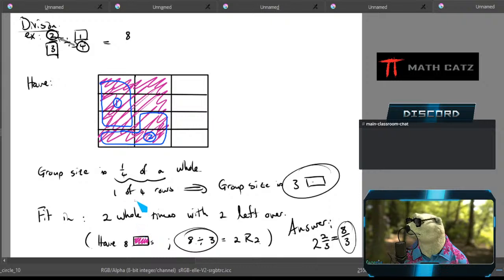And if I had taken 2 rows of the 4, if that was a 2 and not a 1, I would have 6. 2 times 3. So those 2 get multiplied together. The 1 is a little inconvenient. It doesn't seem like actually anything has changed, but it has. And that's the denominator of my answer.